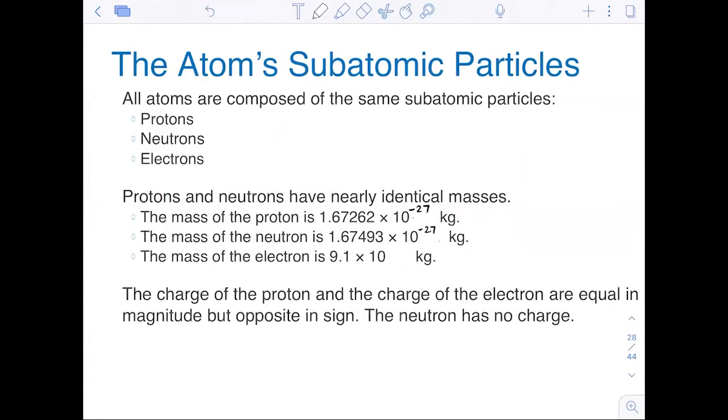The mass of our electron in kilograms is 9.1 times 10 to the negative 31 kilograms, about 1,000 times lighter for that electron. So that's why we don't really account for the mass of the electron when we talk about the mass of an atom. We're only going to be looking at the protons and the neutrons.